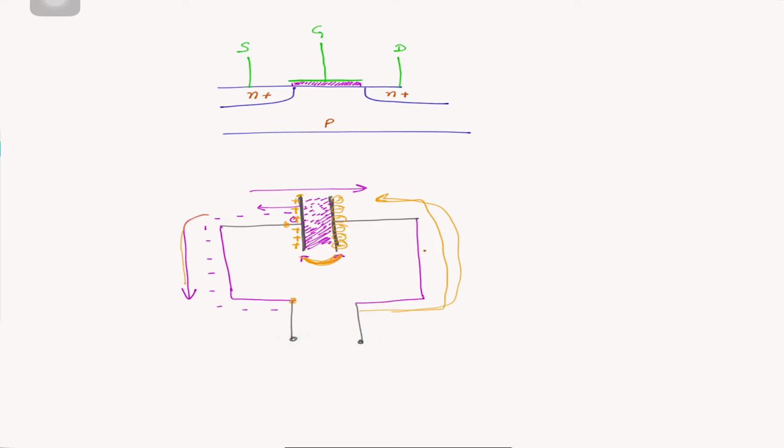The good thing is this capacitor has a charge accumulated on it, so now it can act like a battery. Initially it was charging, and then it will start discharging and making the current flow in the other direction. It depends upon the level.